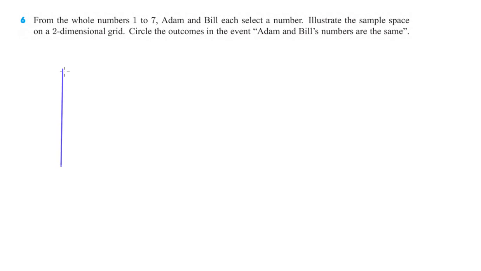We're just going to make basically a little table here, right? Let's say this is going to be Adam. He can get a 1, 2, 3, 4, 5, 6, or 7. And then this is going to be Bill here, and he can also get 1, 2, 3, 4, 5, 6, or 7.